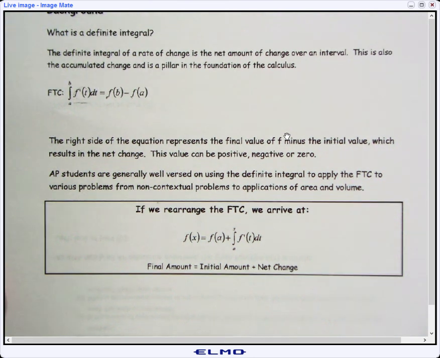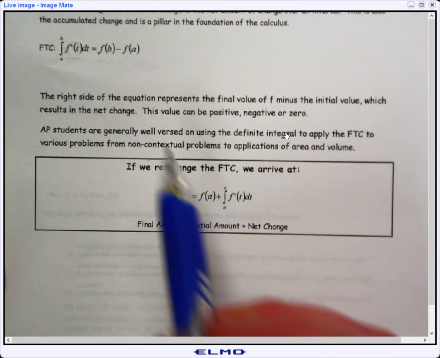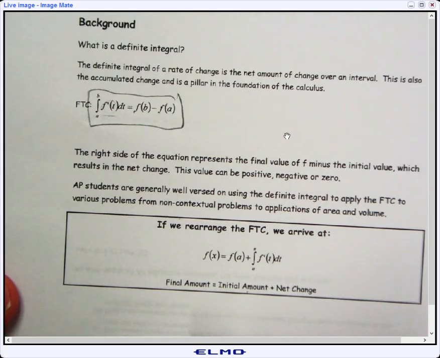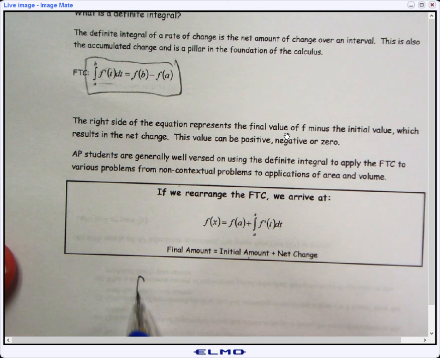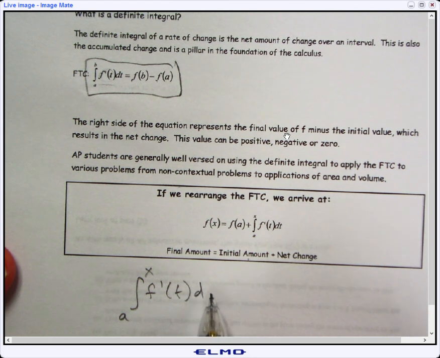Well, what you can do is change this formula up a little bit, and I'll show you what they do when I say rearrange. We're going to take the integral from a to x.